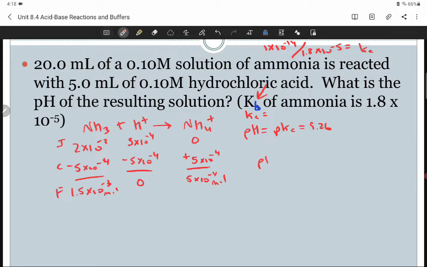Okay, so pH equals 9.26, that's the pKa, plus log of the A minus, the base component, which is 1.5 times 10 to the negative 3rd, divided by 5 times 10 to the negative 4th for the acid component. So let's do that right now. 1.5 times 10 to the negative 3rd, divided by 5 times 10 to the negative 4th.